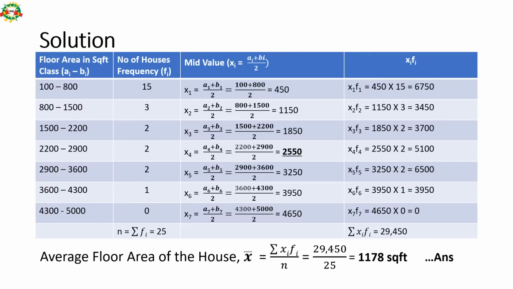This is the total value of all these figures. Then average floor area is equal to this value, sum total, divided by n. What is n? Number of total houses, sum total of fi. So average area is 29450 divided by number of houses 25, which is equal to 1178 square feet. That's the answer.